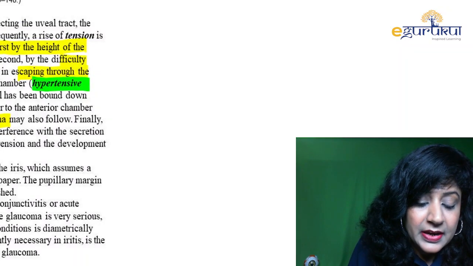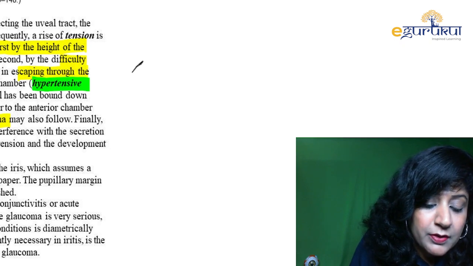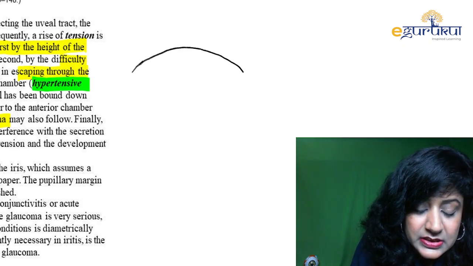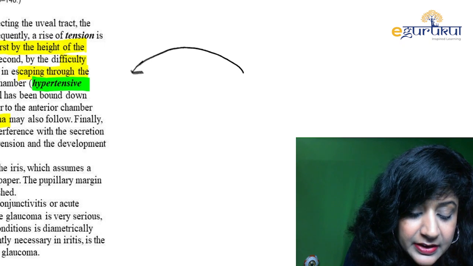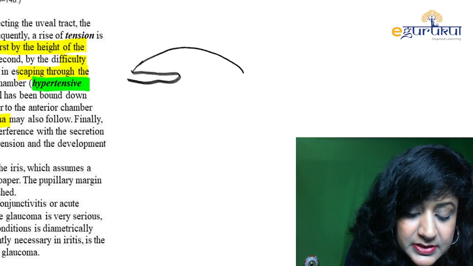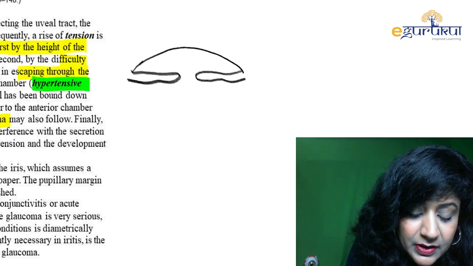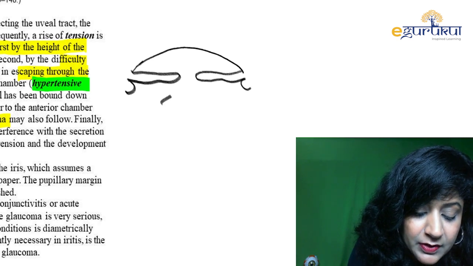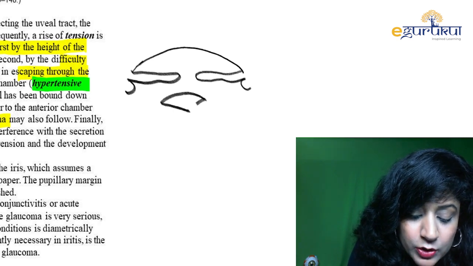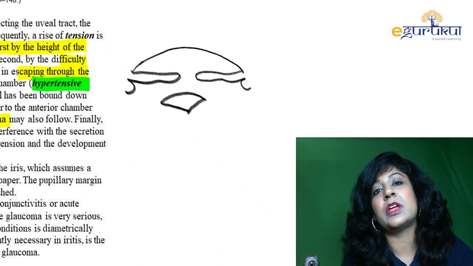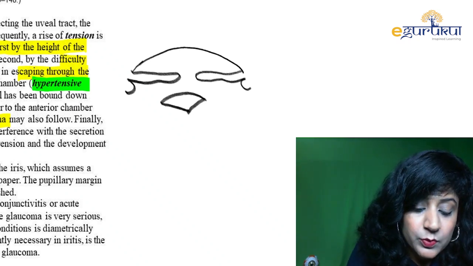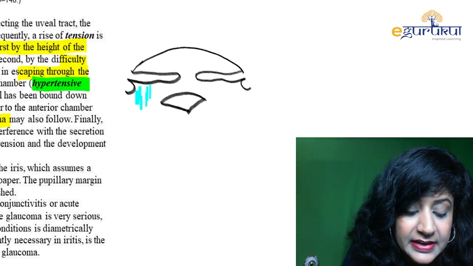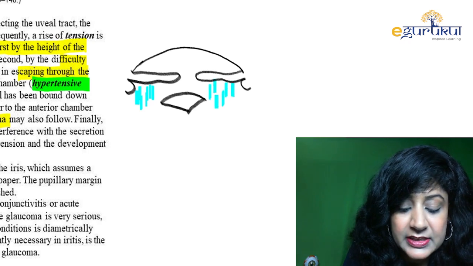This is important, and I'll try to explain what happens here. See how the iris bombé formation is taking place. Suppose this is your cornea, and normally the iris is present something like this, and we have the ciliary body, and then we have the lens. You already know, we have discussed glaucoma also, that the aqueous humor is formed from the anterior part of the ciliary body.